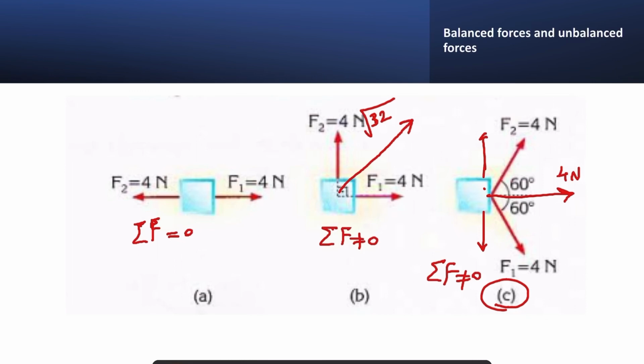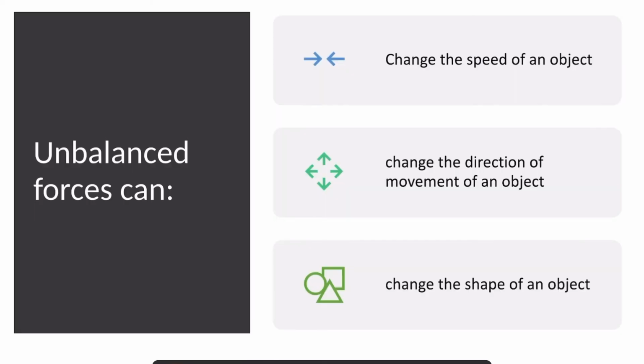But what will happen when an object is acted on by unbalanced forces? Well, there are three possible scenarios which we will be looking at here.